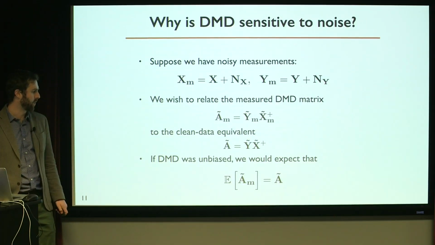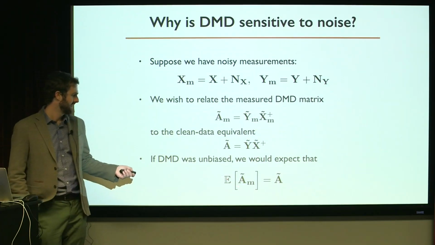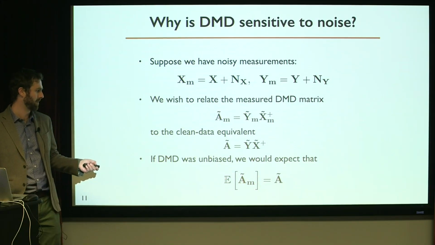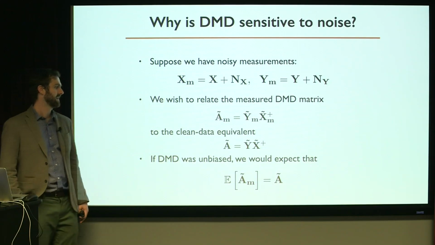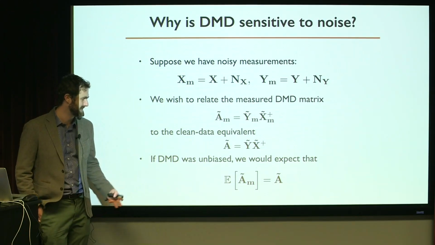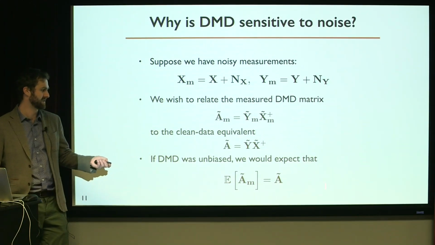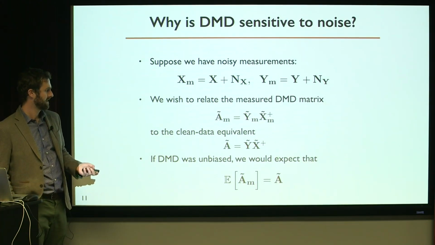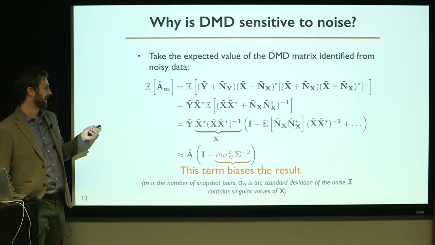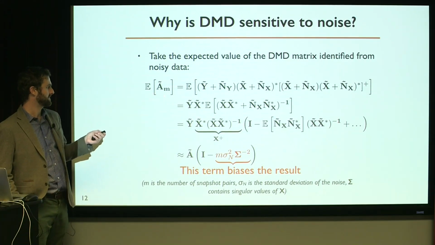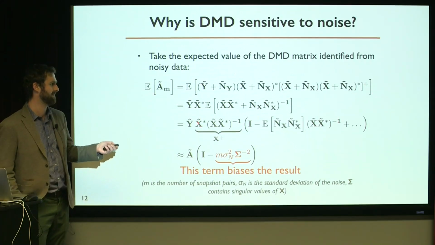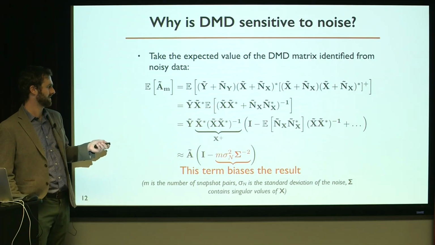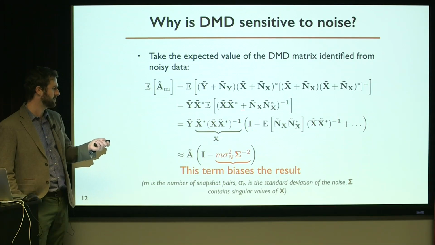But what we might want to hope is that at least the expected value of what we're looking for when we apply this algorithm to noisy data matches what we would get if we had true data. And it turns out, though, if you compute what this expectation is and go through the math and make a bunch of assumptions about the noise, the details aren't too difficult.